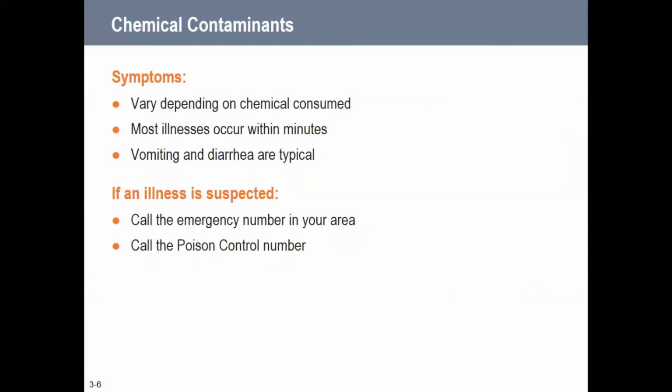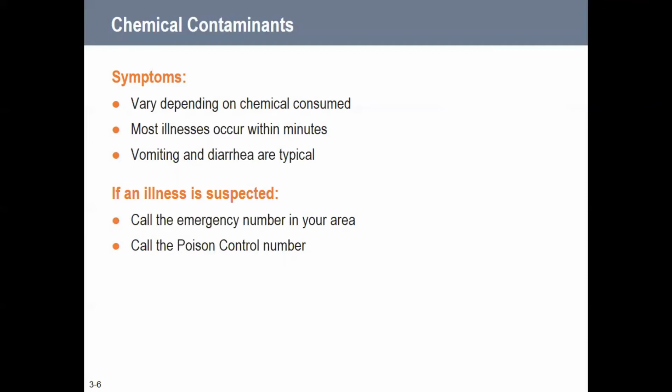Now, symptoms for chemical contamination can vary depending on the chemicals consumed. Interestingly enough, with chemical contamination, most illness occurs within minutes. It's not something that has an onset or an incubation period like bacterial microbe contamination. Vomiting and diarrhea are very, very typical.